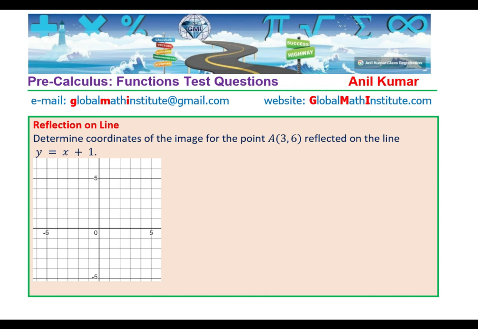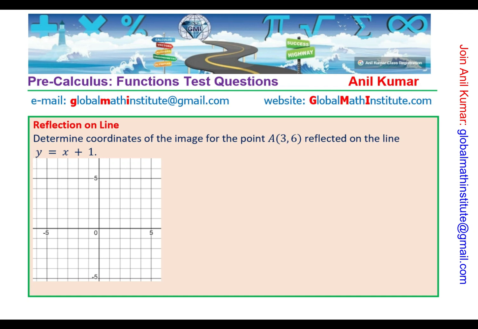Determine coordinates of the image for the point (3, 6) reflected on the line y equals x plus 1. I've also given you a graph here to plot and visualize the solution, and then we will see a shortcut method of finding the answer within seconds.